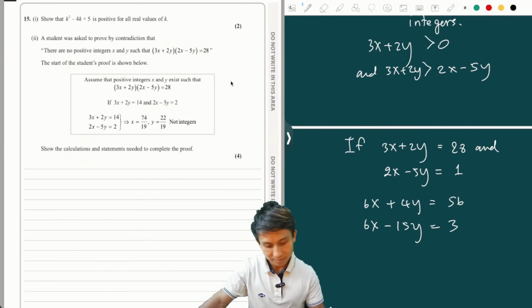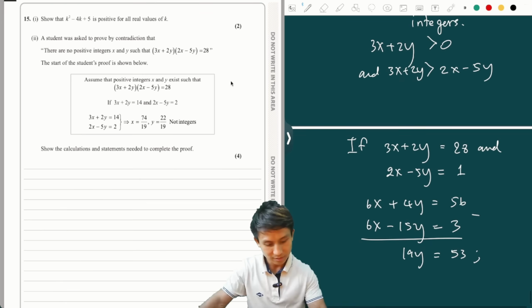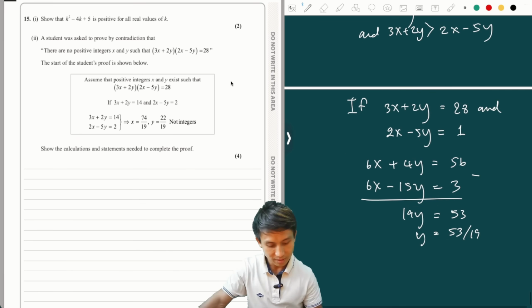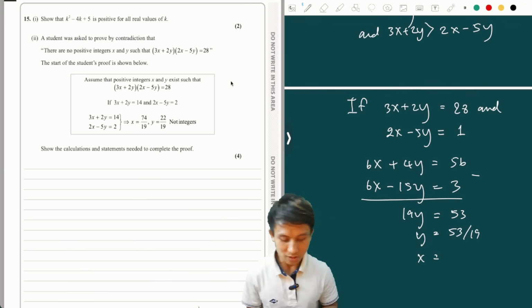And then I subtract them. So this is 19y equals 53, so y is 53 over 19, and x is something, not a whole number, of course.